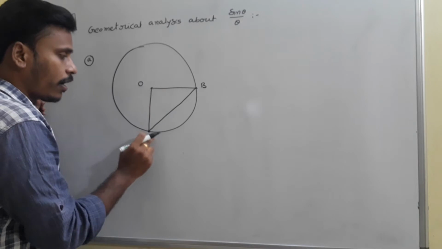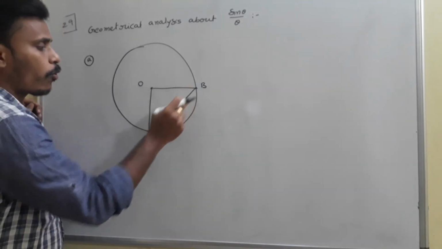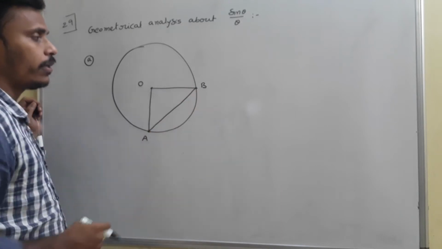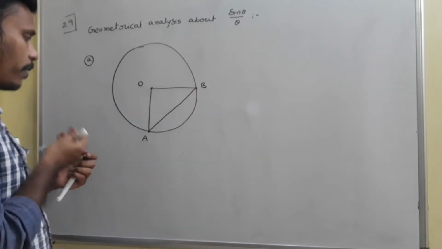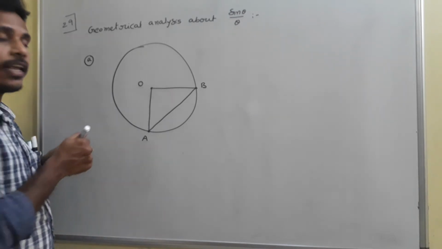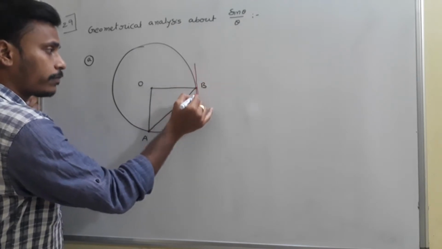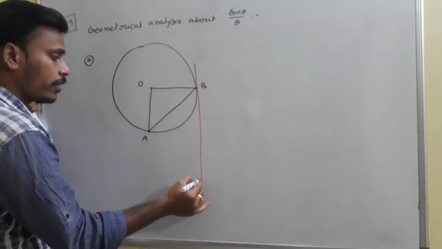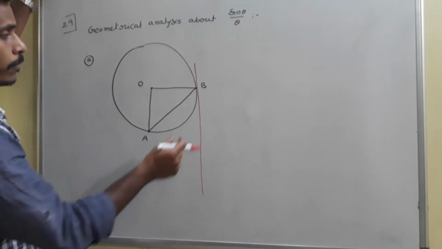OAB is a triangle, and AB is also an arc of the circle. At any one of the points, either at A or at B, we need to draw a tangent for the circle. Suppose at B, if I am sketching a tangent, see, this is the tangent for the circle.